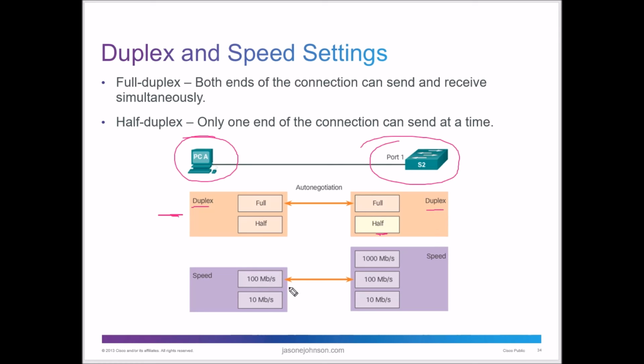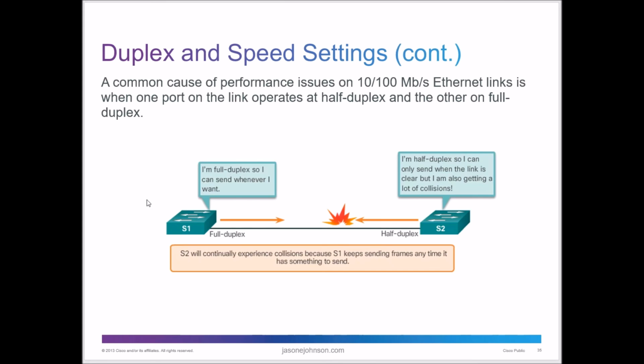And then the speeds get negotiated, so it has a common speed. So if this side is 10 or 100 megabits per second, megabits, not bytes, bits per second, and this one is 1,000, it's going to go to the highest one that it can find and then find the common ground. So it's not going to send 1,000 megabits over here because this side won't be able to handle it. So it's going to find the speed that it can negotiate.